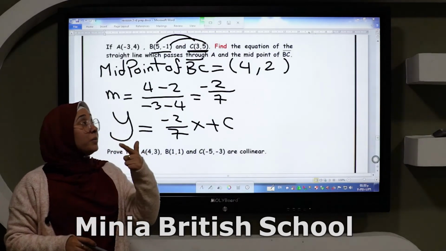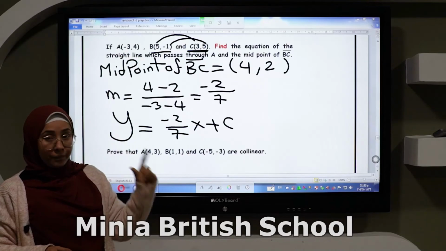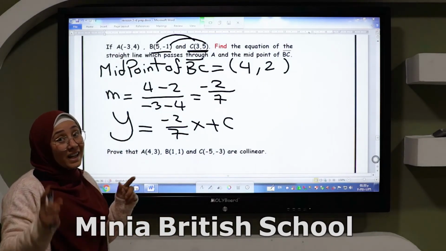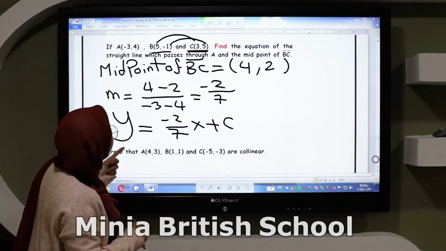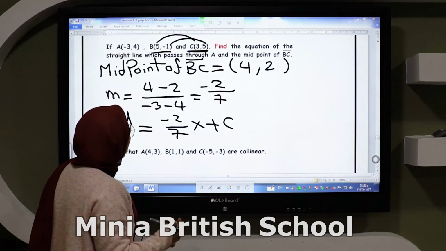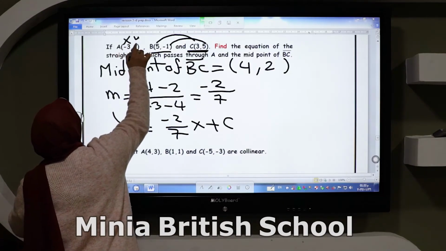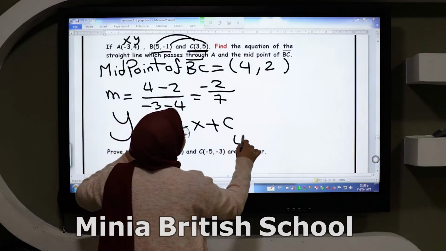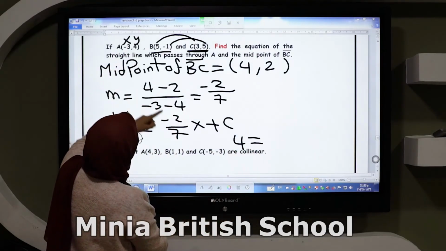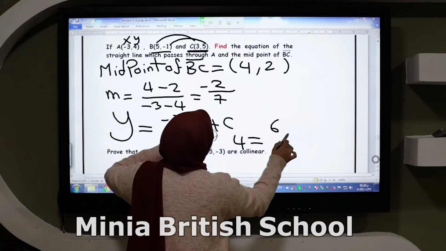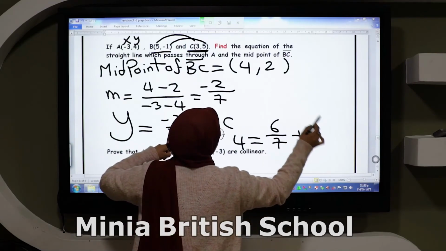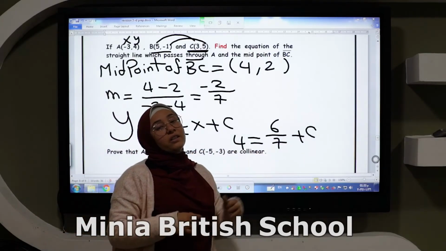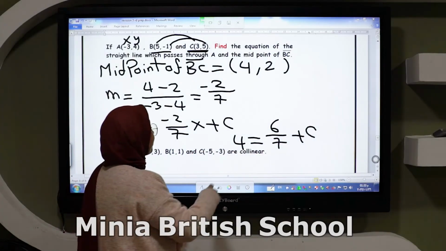Point A and the midpoint of BC satisfy this equation, so substitute by A or the midpoint. If we substitute by point A, x equals negative 3 and y equals 4, so 4 equals negative 3 times negative 2 over 7, plus c. Then you can simplify to find the value of c, okay?